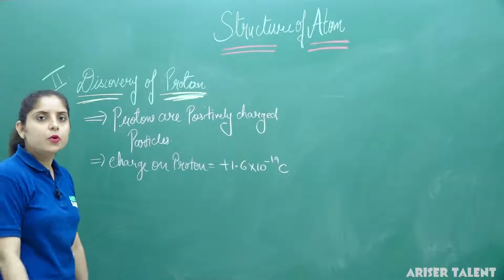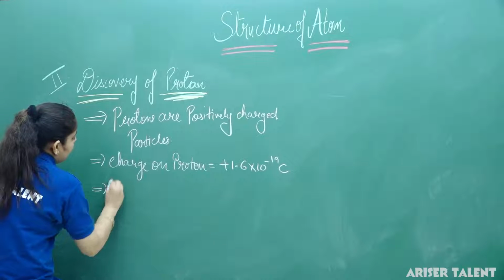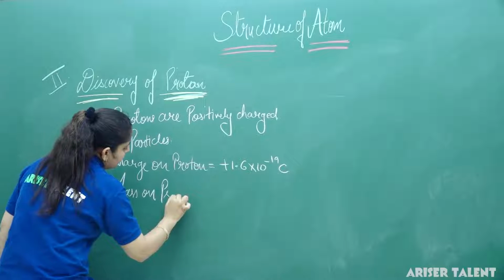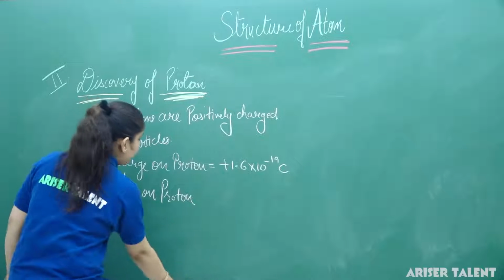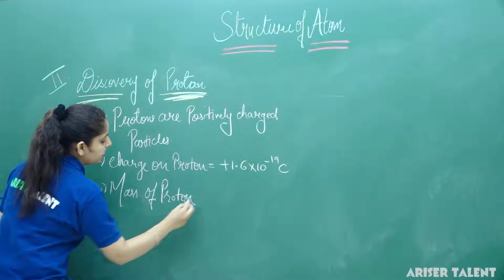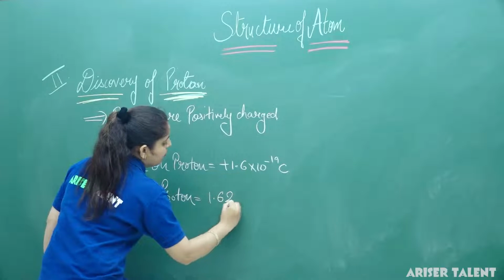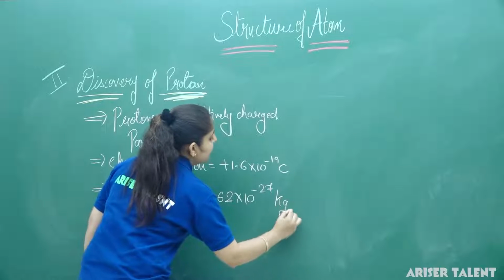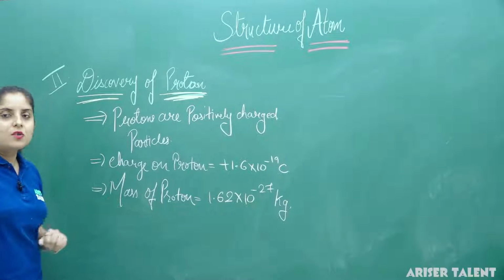This is the charge on the proton. The mass of the proton is 1.62 into 10 raised to the power minus 27 kg. So, this is the mass of the proton.